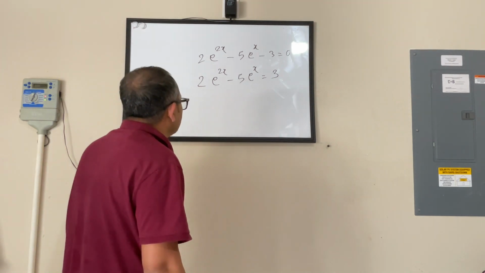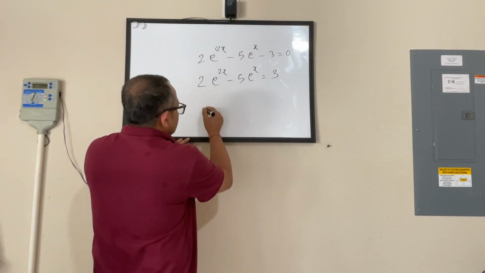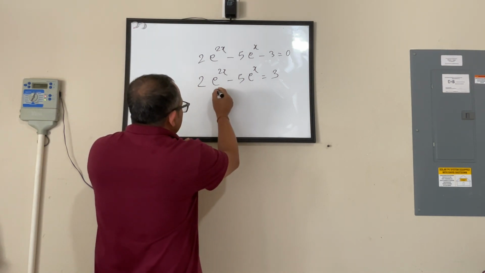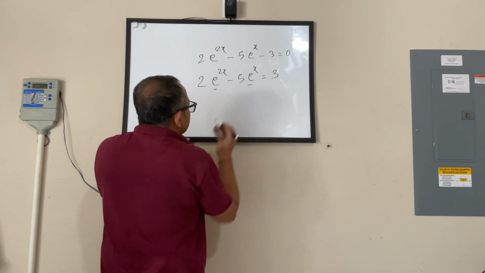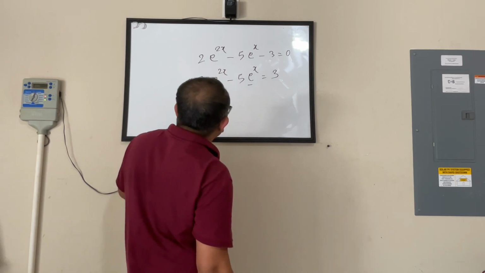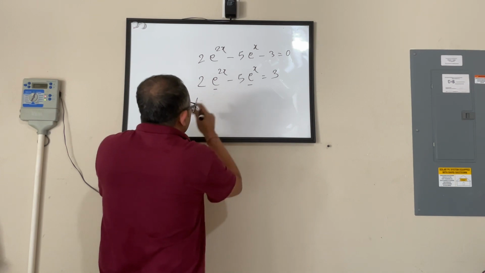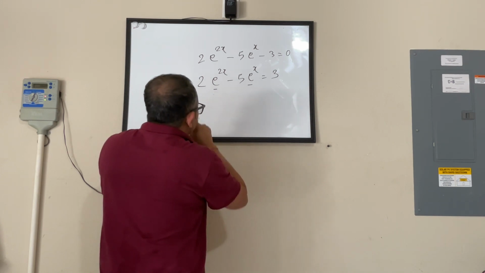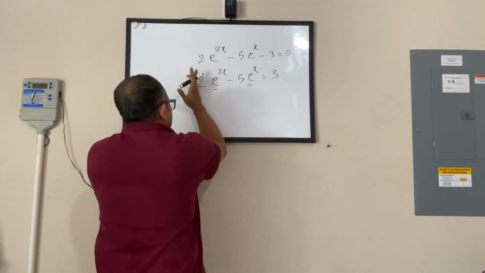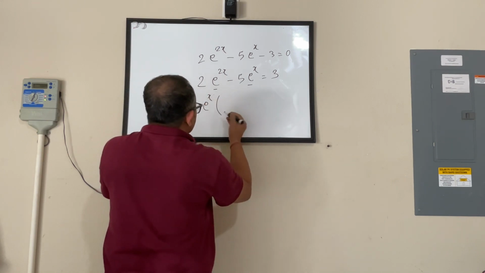Now, if I want to convert this into a log, what will I do? See here, e to the power 2x, this is e to the power x, okay? Let's convert this into a log. Let's take out the common things here.